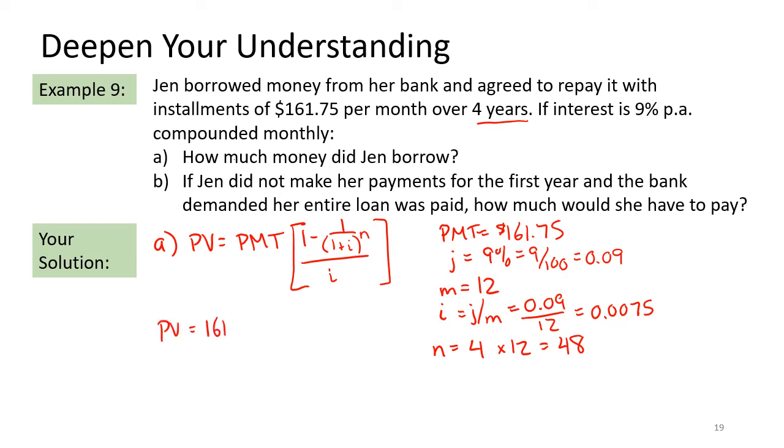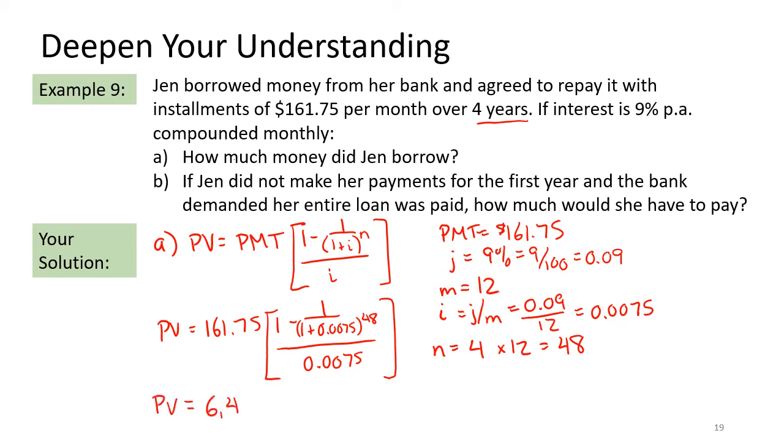So it's 161.75 times 1 minus 1 over 1 plus 0.0075, the exponent 48, divided by 0.0075. So calculating that out, her present value is $6,499.89. So that's how much money Jen borrowed.